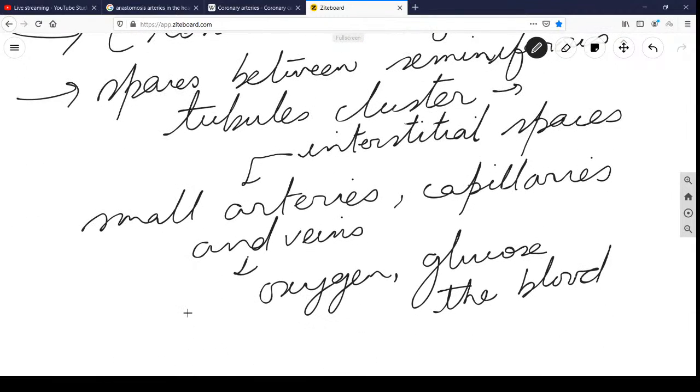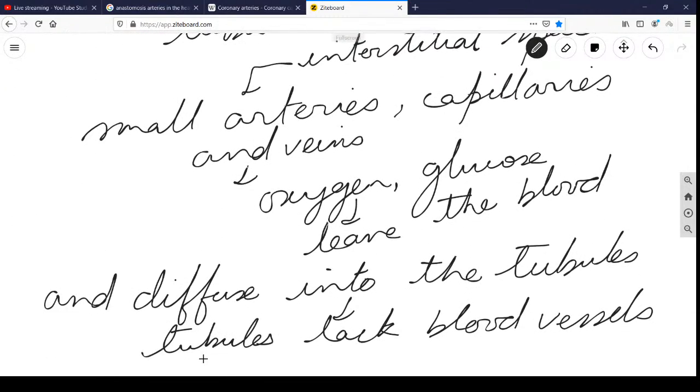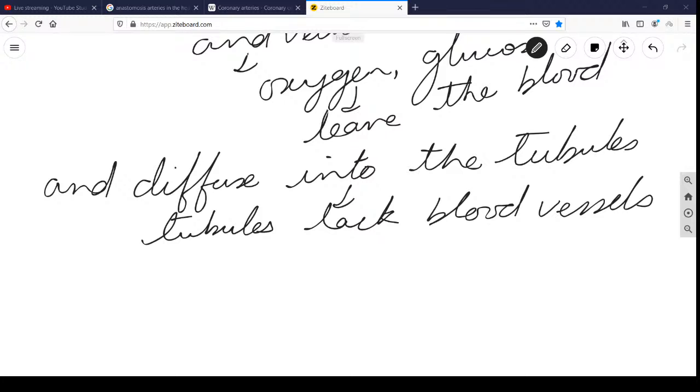So hormones, oxygen and glucose all reach the seminiferous tubules through the basal membrane itself. Now you will ask a question: small molecules are coming through, but I said this basal membrane also acts as a blood testis barrier.